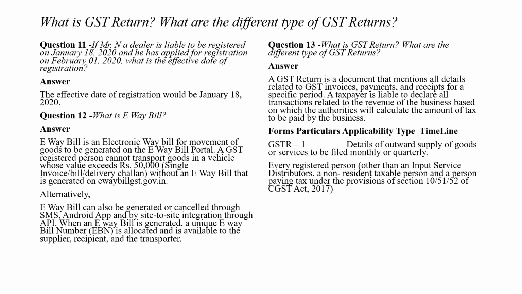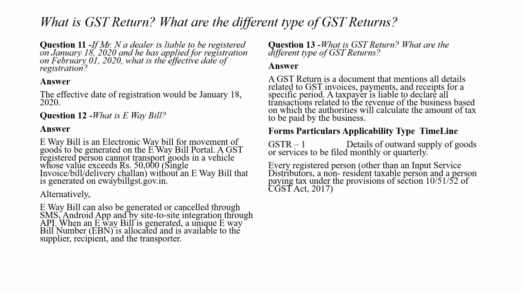Question number 12. It is a very important question. What is an e-way bill? The answer is here. An e-way bill is an electronic way bill for movement of goods to be generated on the e-way bill portal.